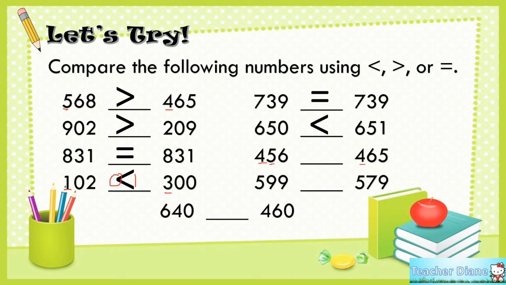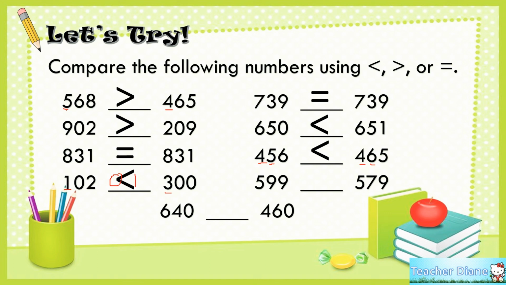How about the tens place? Look at the tens place. 5 and 6. Is 5 greater or lesser than 6? Yes, lesser. So therefore 456 is lesser than 465.